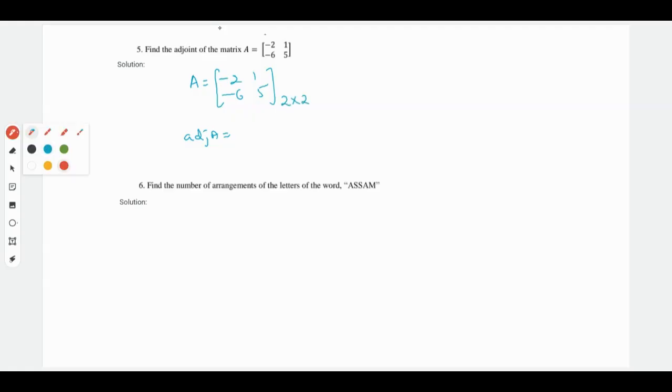What we need to do is interchange the elements in the principal diagonal, that will leave 5 and minus 2. Then we need to change the sign in the other diagonal. Interchange the numbers.